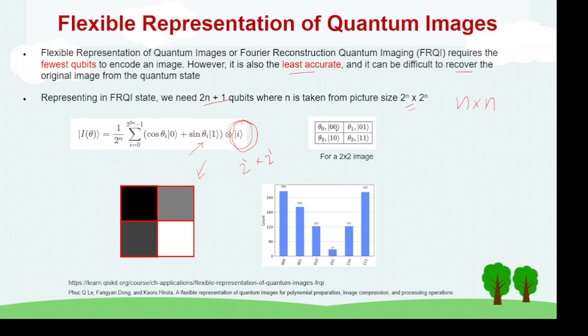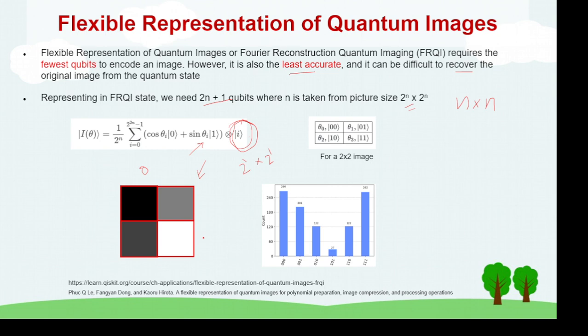For a 2 qubit system, we'll have 4 possible states like this, and for each of the states, we will associate a phase. For example, this picture has 4 pixels. The first one, on the leftmost, is black, so we will encode it with 0.